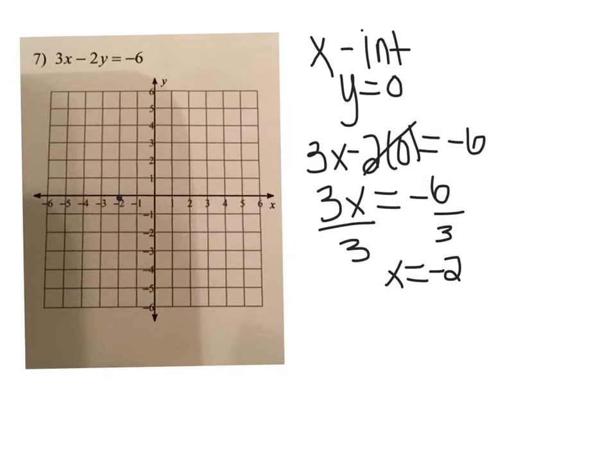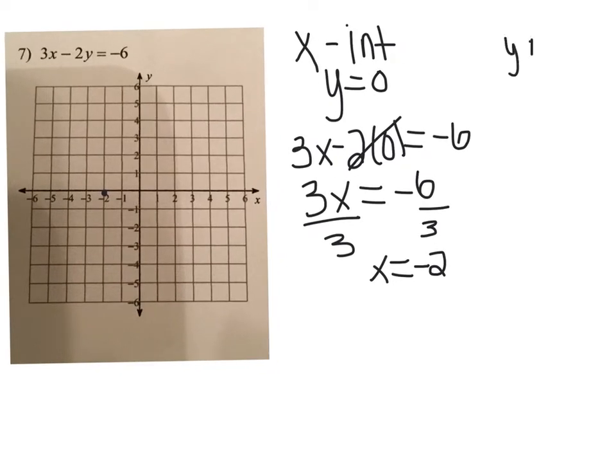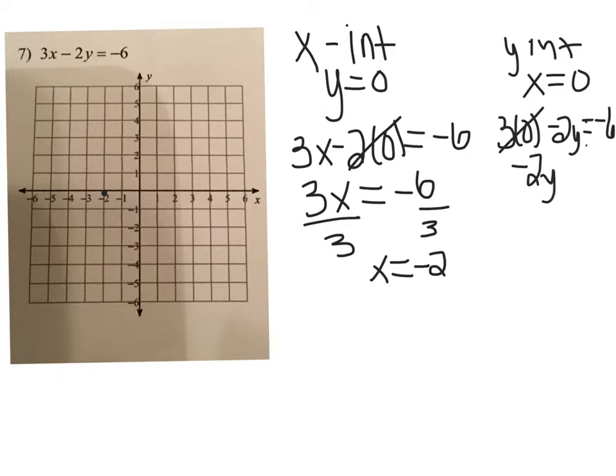And then to find my y-intercept, I let my x equal 0. So I'm going to get 3 times 0 minus 2y equals negative 6. 3 times 0 is nothing, so I get negative 2y equals negative 6.